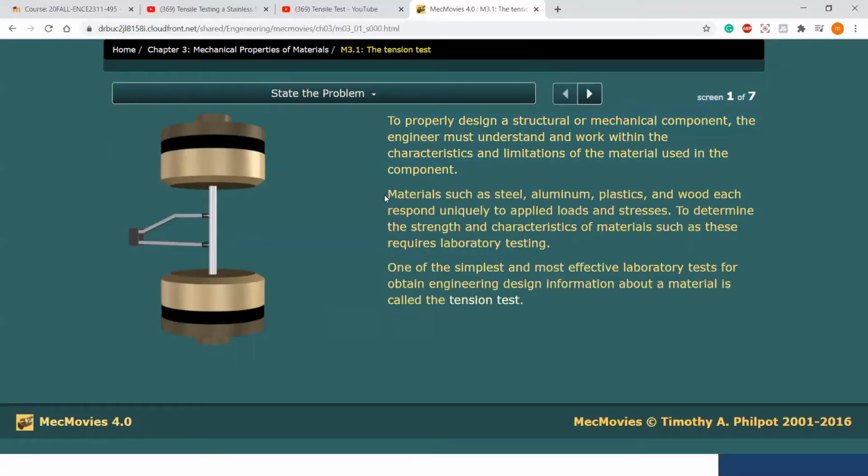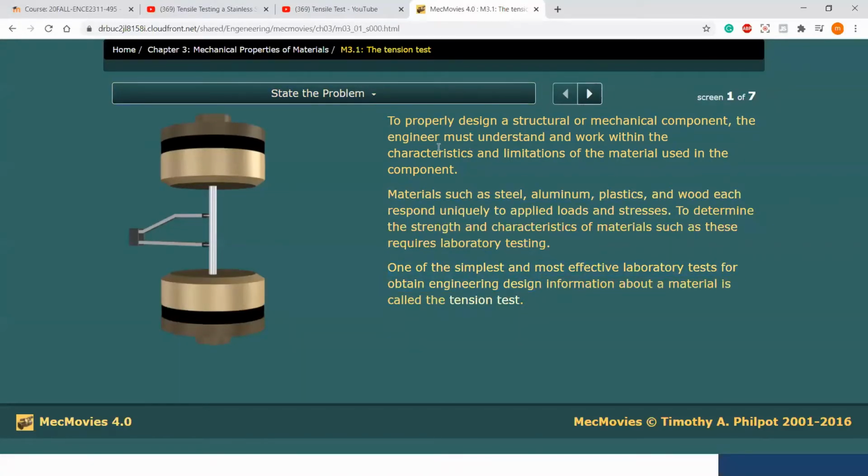Also, materials such as steel, aluminum, plastic, and wood each respond uniquely to applied loads and stresses. To determine the strength and characteristics of materials such as these requires laboratory testing. One of the simplest and most effective laboratory tests for obtaining engineering design information about a material is called the tension test.